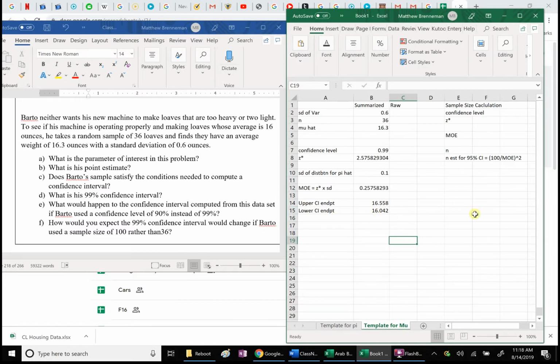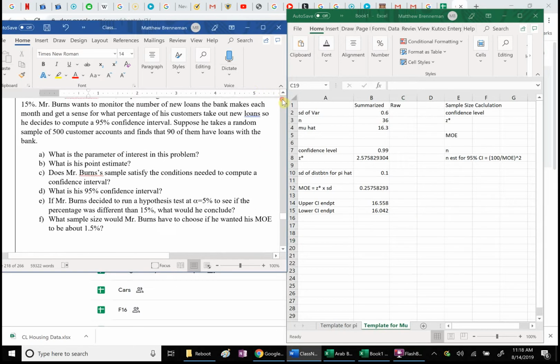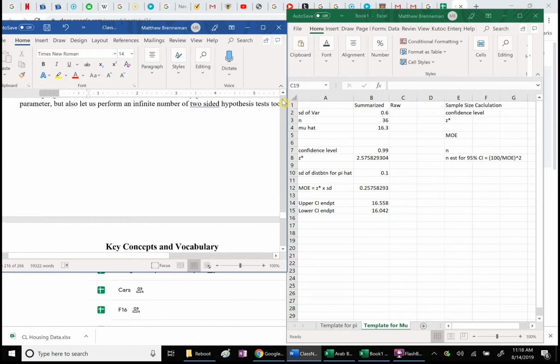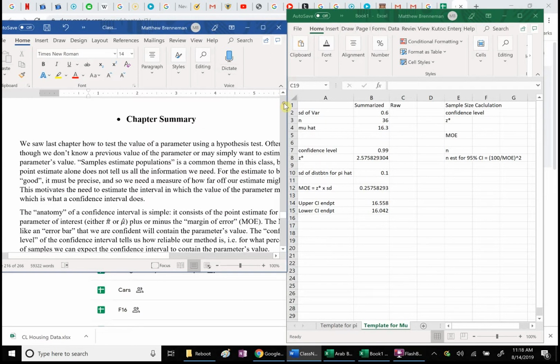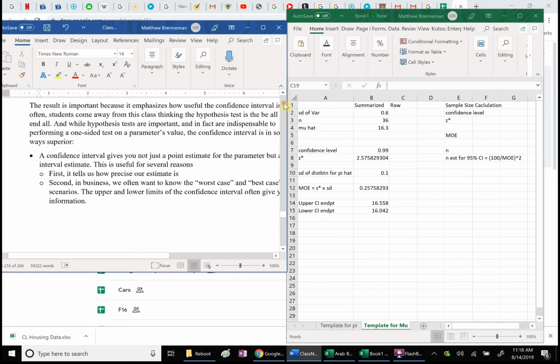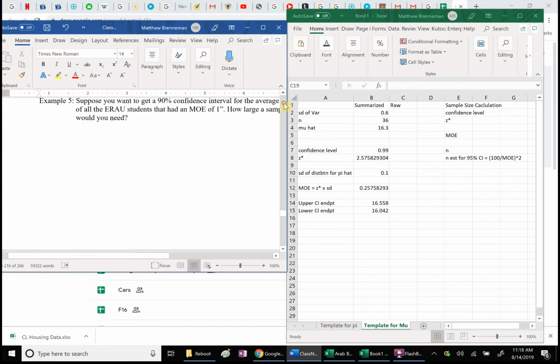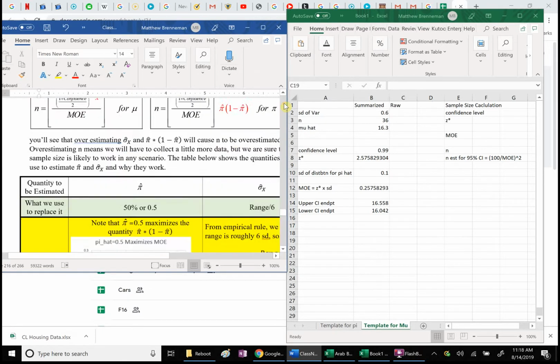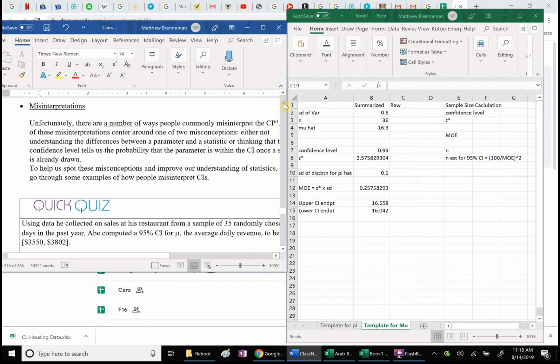Okay, so that shows us how to do confidence intervals with summarized data sets. What if we have a raw data set? So I want to look at example 2 on page 206. So let's scroll up a little bit. It's up here a little ways.